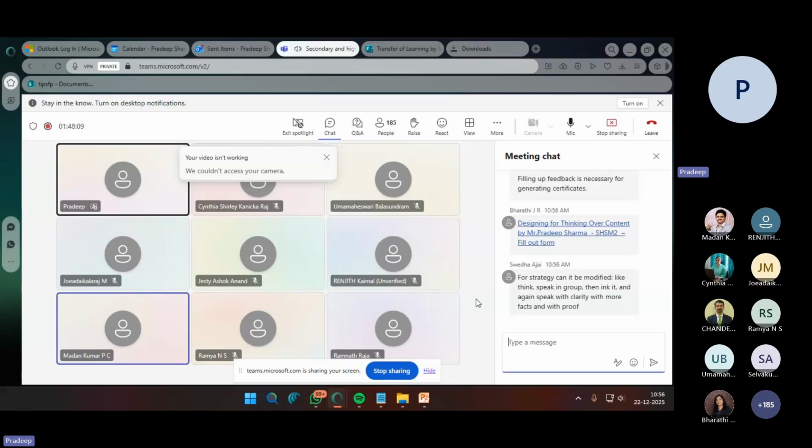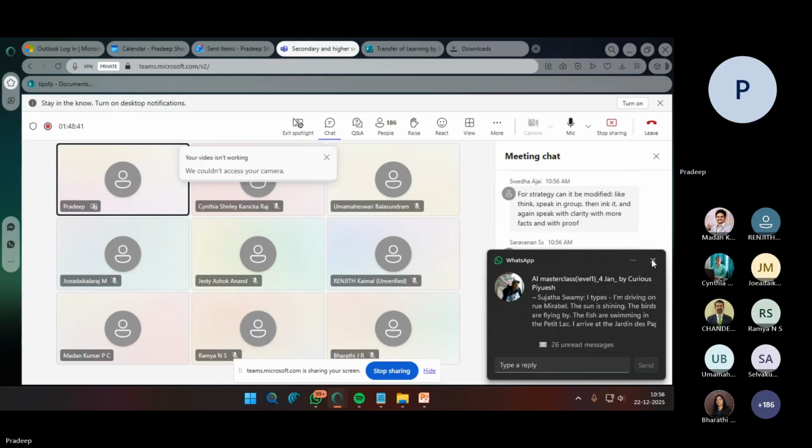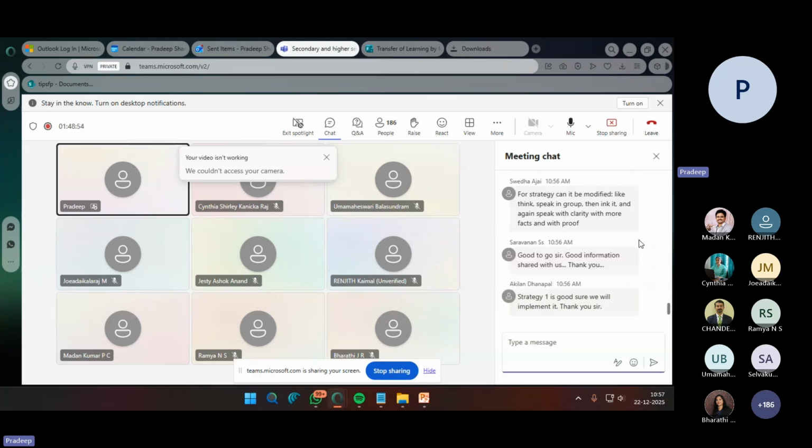Sweta ma'am, for the strategy, we can definitely modify it according to our group and the size of our group. My idea is that if we give them a chance to speak, they would of course express their thinking well, and with more facts come up with many good ideas, Sweta ma'am. That can be implemented in any site or any classroom.